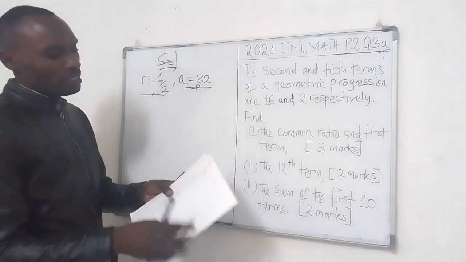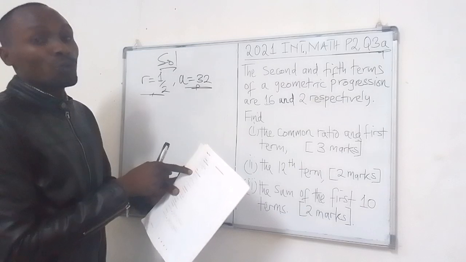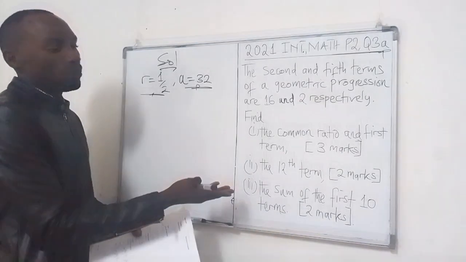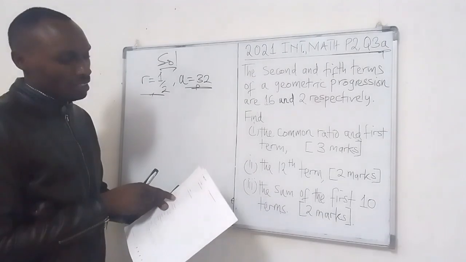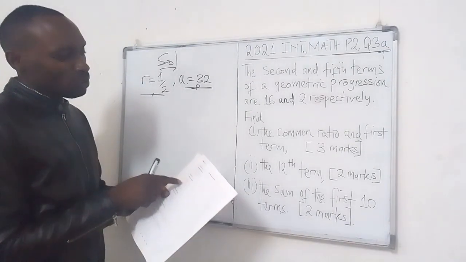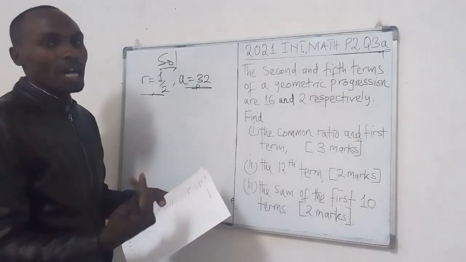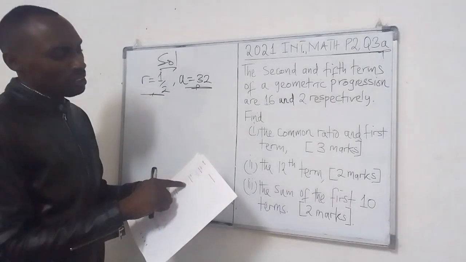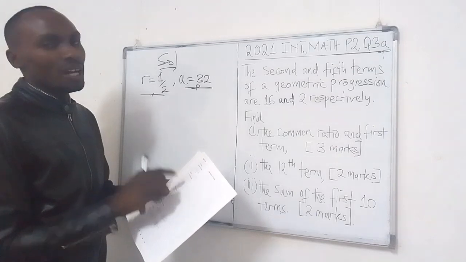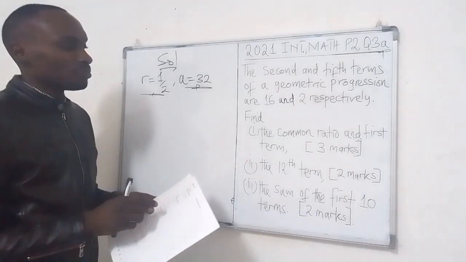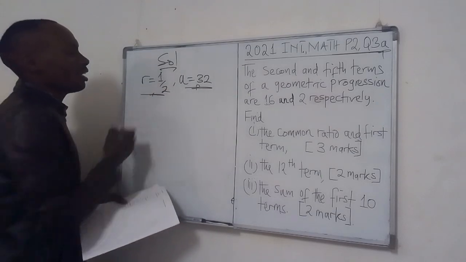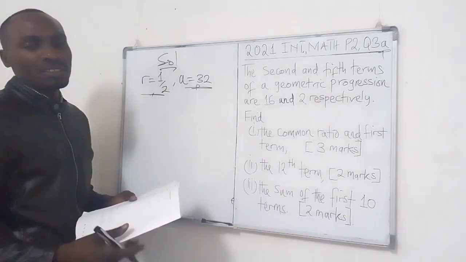The first two are for calculating the sum of a GP, and the third one is for calculating the sum to infinity. For the first two, they've given conditions for R. The first one you use when R is less than 1, the second when R is greater than 1. Our R, which is 1 over 2, is less than 1.